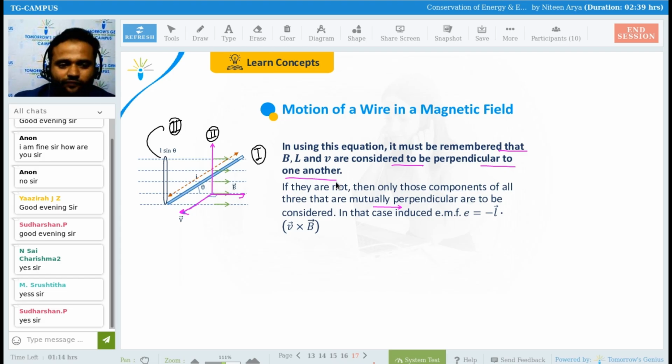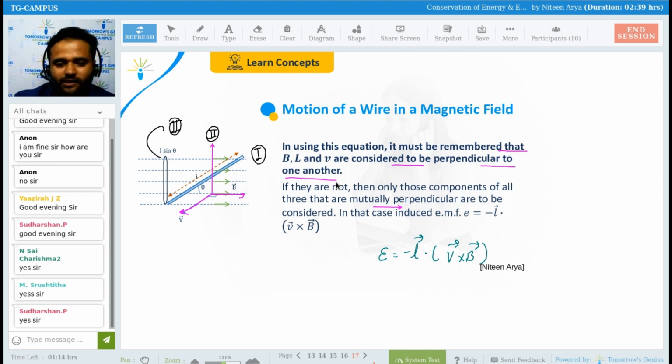So induced EMF is going to be L V cross B, and V cross B gives you obviously BLV. Simple thing. In this formula, induced EMF equals minus L dot V cross B. I am taking L as a vector because of the theta component.